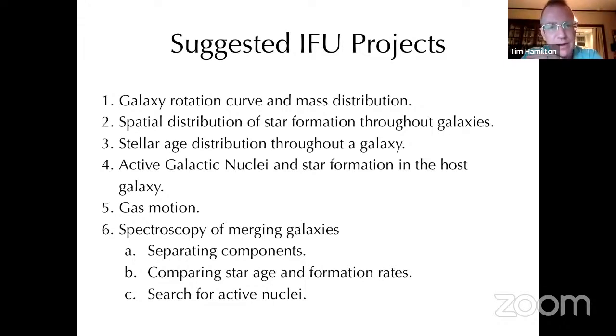Merging galaxies could provide a very interesting case. If you take a look at merging pairs of galaxies, or a large galaxy and a dwarf galaxy that's orbiting it, you could separate the different components of stars in different parts of the galaxy or in different galaxies. You can compare the star age and the star formation rates from one galaxy and the other as they're colliding, and you can look for the formation of active galactic nuclei.